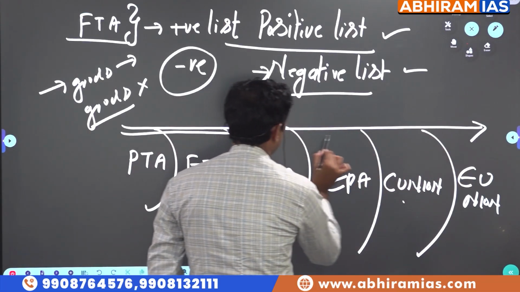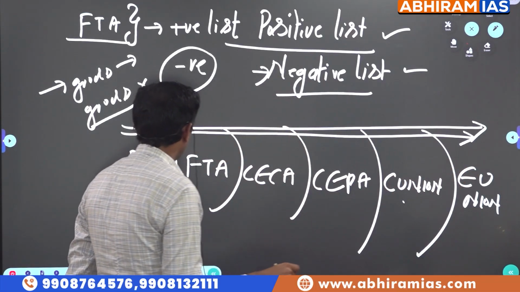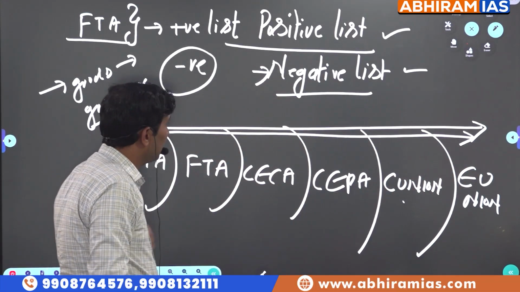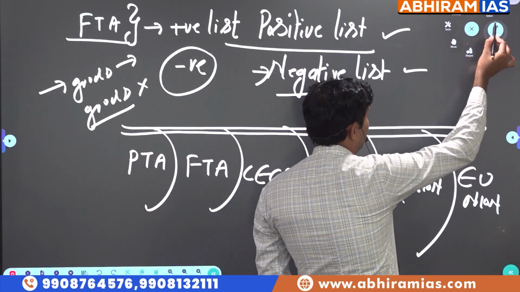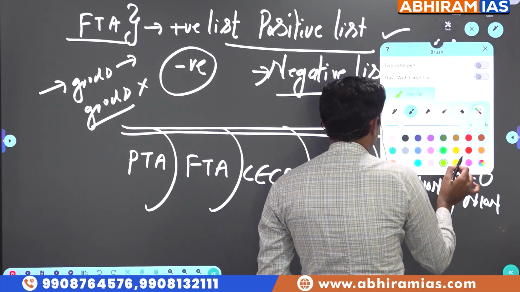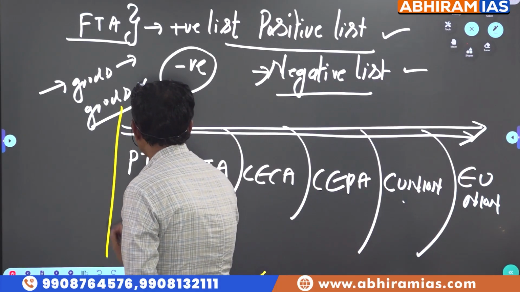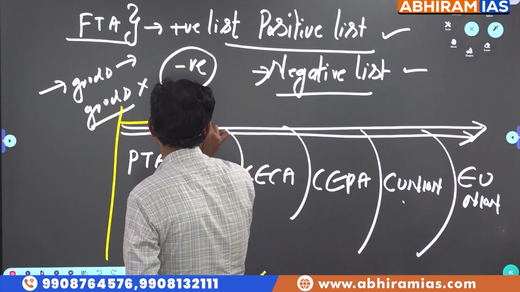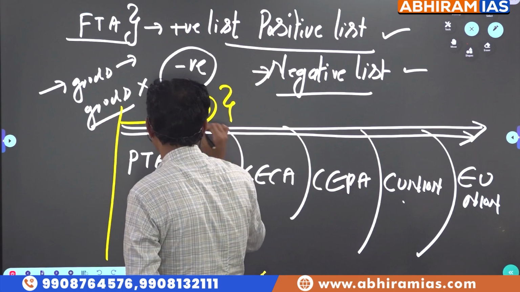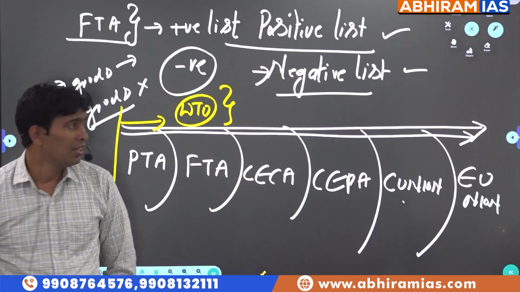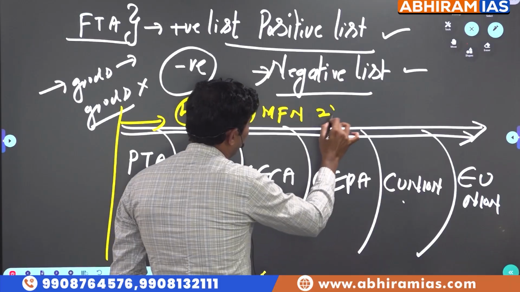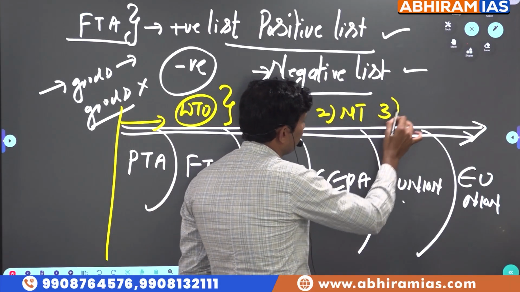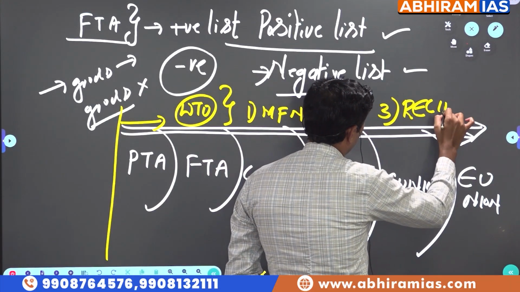When we say integration levels, as the trade agreement keeps on moving from one to the highest, integration keeps on increasing. Now we need to understand, while signing this free trade agreement, 3 basic principles of WTO has to be followed. Most favored nation, national treatment, reciprocity. Important for prelims.